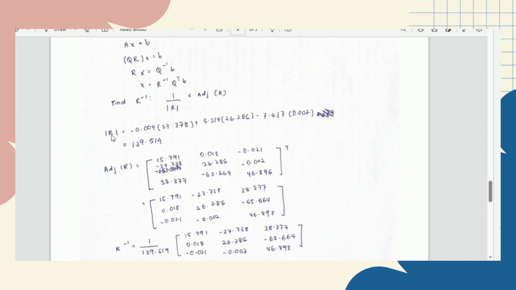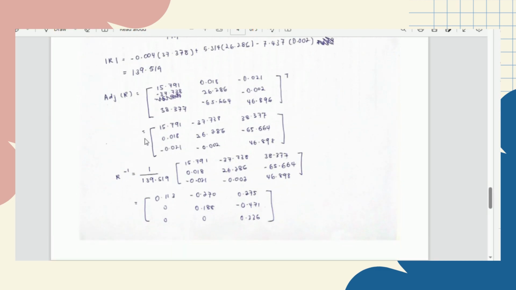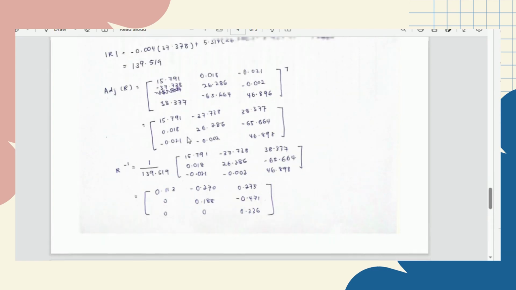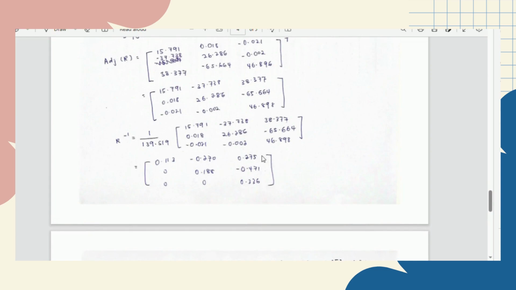The determinant of R is 139.519, and for the adjugate of R, after I get the answer, I have to transpose this matrix, and then I will find the real adjugate of R. To find R inverse, I multiply 1 over the determinant by the adjugate of R. I will get the final answer for R inverse.